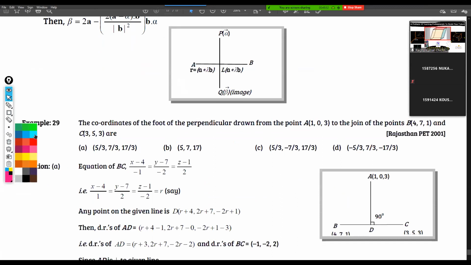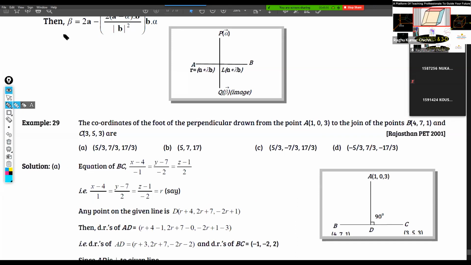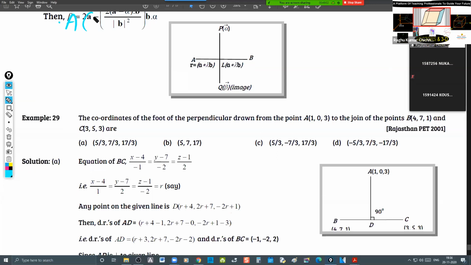Or let me draw the diagram so that you'll have more clarity about this. Just a moment, please. See, what is drawn from the point A(1,0,3). I'm marking the points and we'll be working out the problem. The line is joining 2 points here, B and C. What is C? (3,5,3).